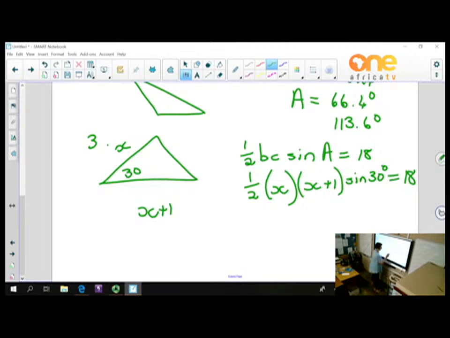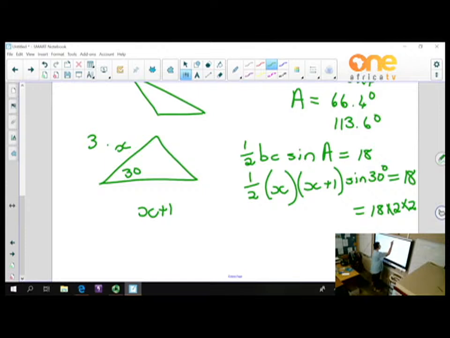So I would want to get rid of this half, and I will then get rid of this half. So we're going to say that this is 18 times 2 times 2, because I multiply with a reciprocal here. Sine 30 is a half, I multiply with the reciprocal.